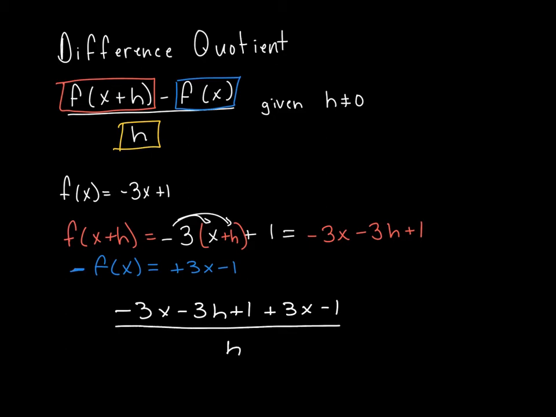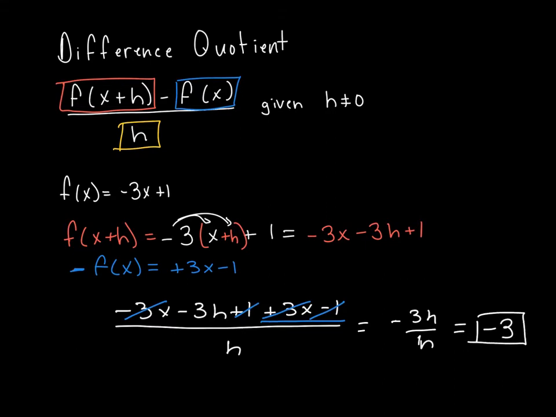Now, the idea behind the difference quotient, just so you know, is that this f of x portion will always, by design, cancel out completely. Now, all I'm left with here is negative 3h over h. So the difference quotient in this case is equal to negative 3.